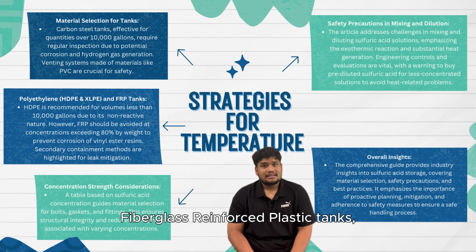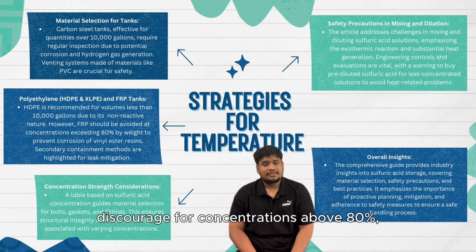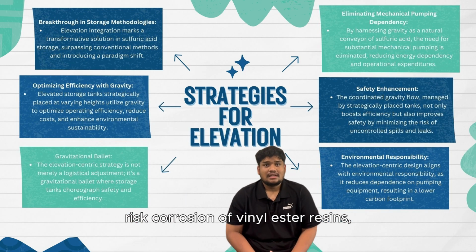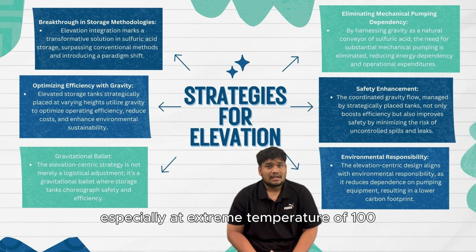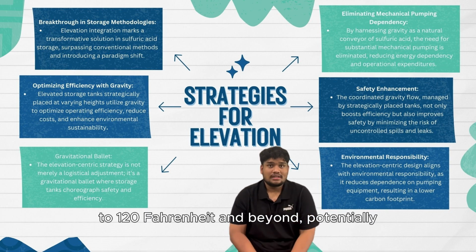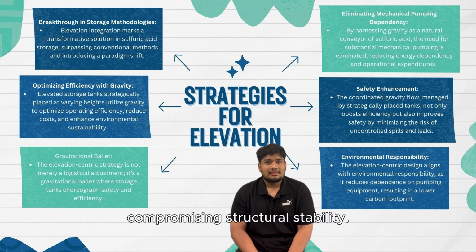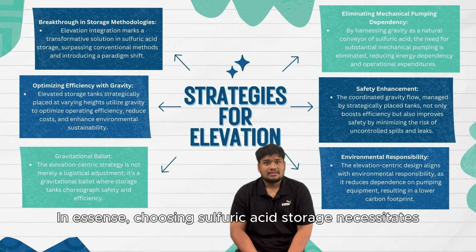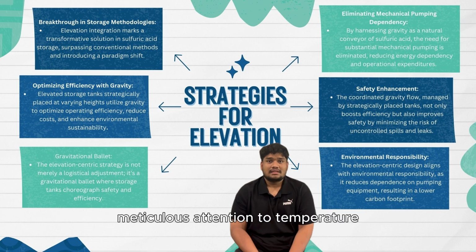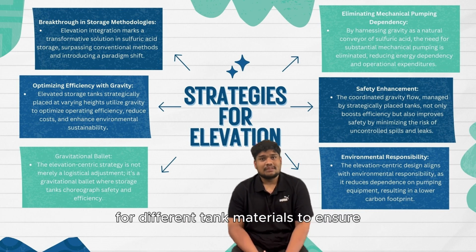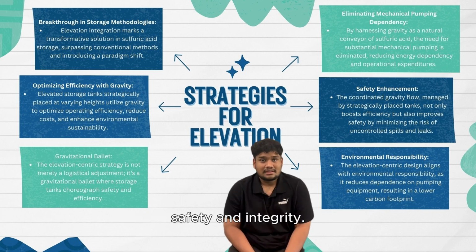Fiberglass reinforced plastic tanks are used for storage of concentrations above 80%, with risk of corrosion of the vinyl ester resin, especially at extreme temperatures of 100 to 120 Fahrenheit and beyond, potentially compromising structural stability. In essence, choosing sulfuric acid storage demands attention to temperature detail, with specific guidelines for different tank materials to ensure safety and integrity.